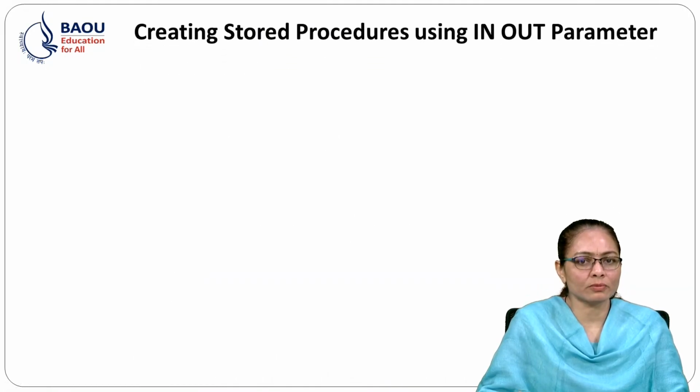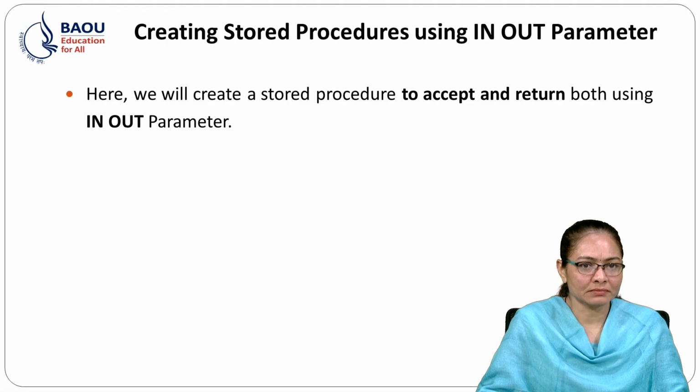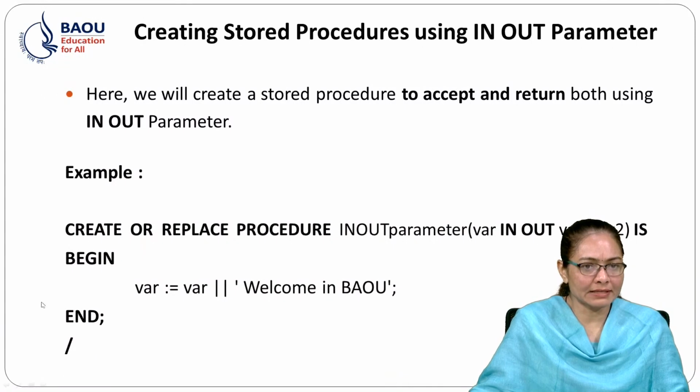Now creating the stored procedure using IN OUT parameter. What is the use of IN OUT parameter? Here we will create the stored procedure to accept and return both using the IN OUT parameter. So IN is accepting the value and OUT is returning the value.